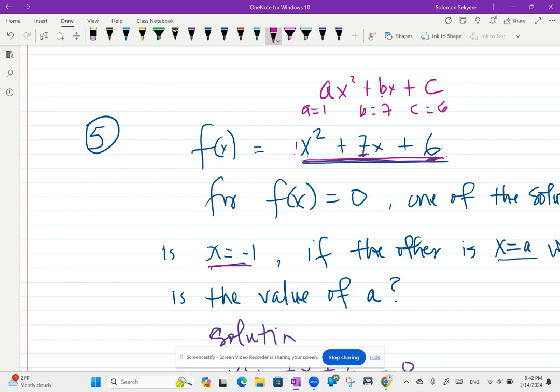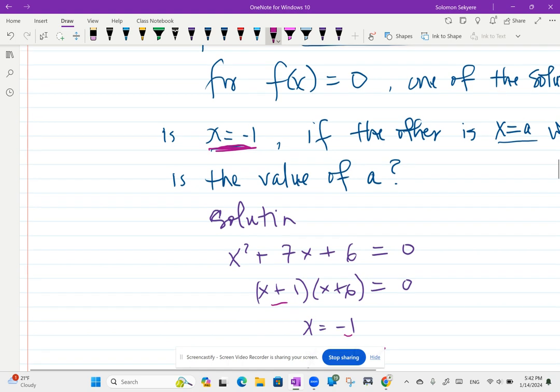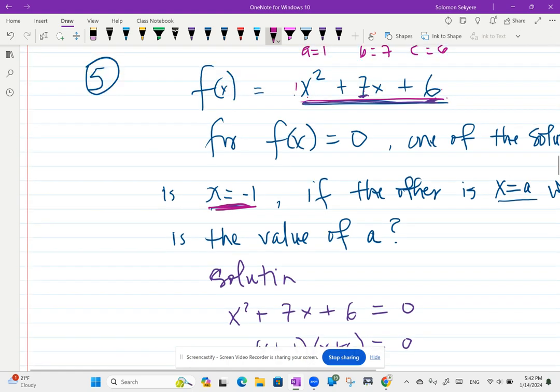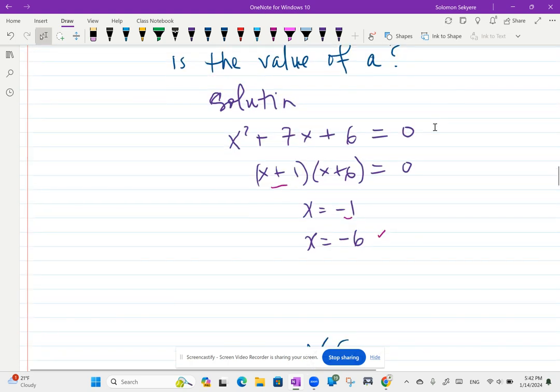Whether I know one of them or none of them, all I have to do is factor this and solve for it. x equals negative 1 and negative 6. So when my a, b, and c are not missing, I can just factor or use the quadratic formula or whatever to get my zeros.